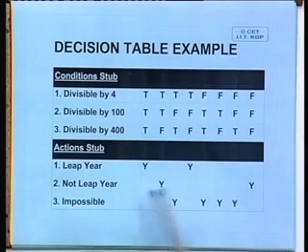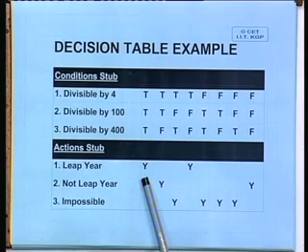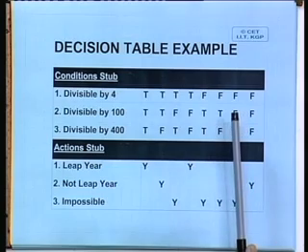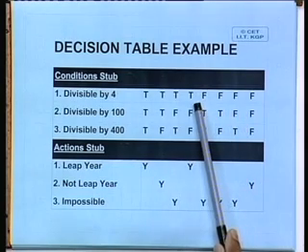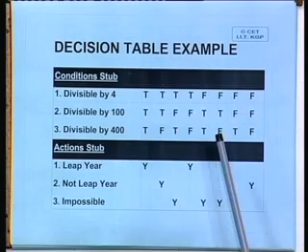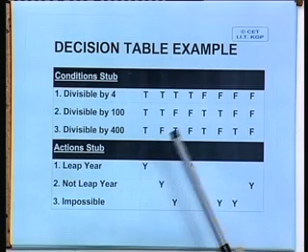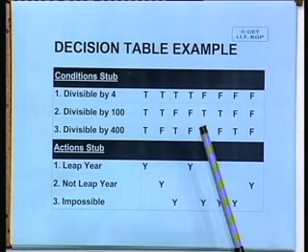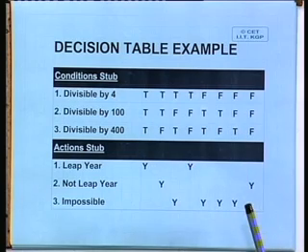Now, action. When all are true, it is a leap year, and when else is it a leap year? When only divisible by 4 is true, then also it is a leap year. Actually, what happens, 2000 is a leap year, but 1900 was not a leap year.